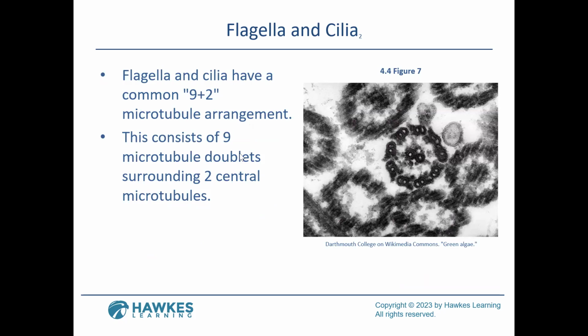This consists of 9 microtubule doublets surrounding the 2 central microtubules. This is very important to realize, guys. If you see this structure here, 9 plus 2, they have 9 doublets, 1, 2, 3, 4, 5, 6, 7, 8, 9, plus 2 in the middle. So that's the structure of the flagella and the cilia.